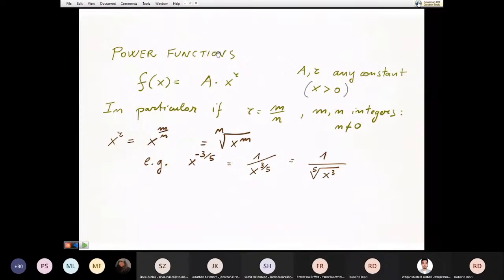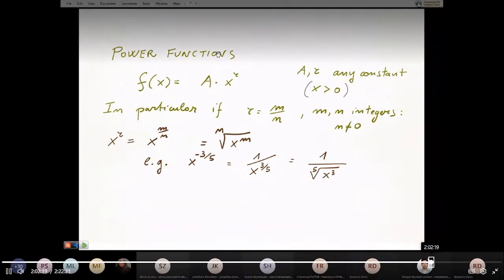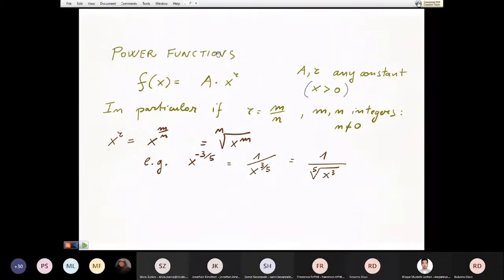The graph changes a lot depending on the exponent. We now assume that A is positive. In general, if I have a function f of x and my function is like this, and I consider the other function minus f of x, its graph is this one.